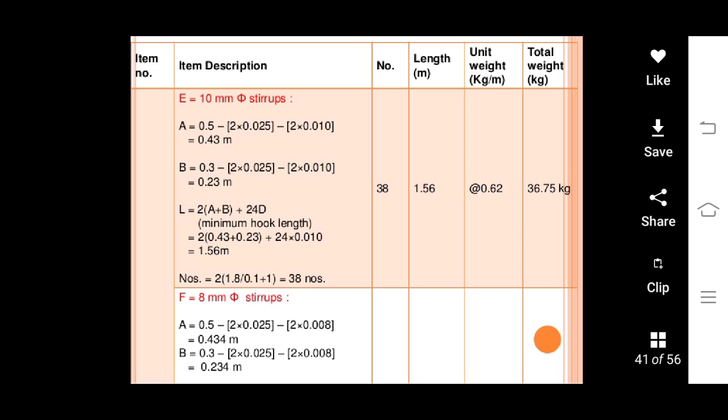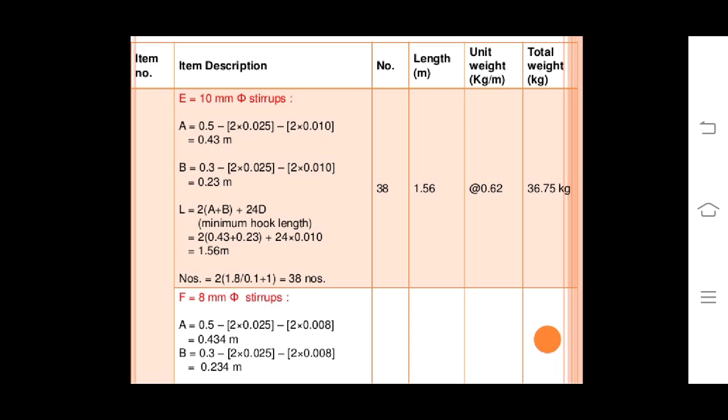The total quantity of bars in kg required can be calculated by multiplying the number of stirrups, that is 38, into the length of bar 1.56, multiplied by the weight per unit meter, that is 0.62, which gives the total weight of 36.75 kg.